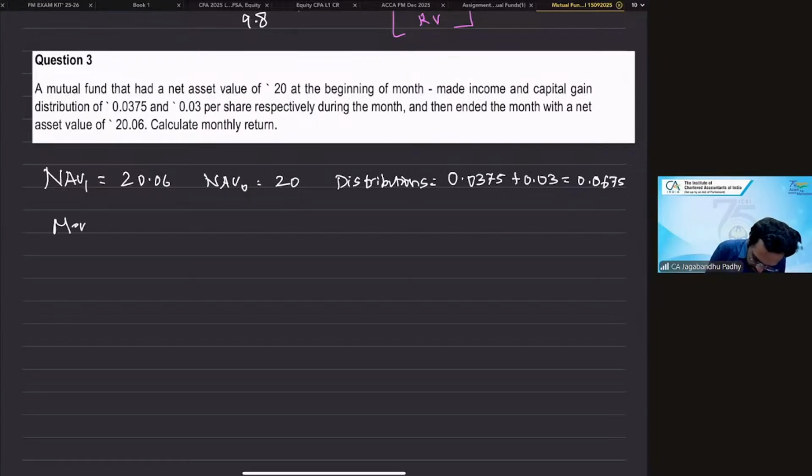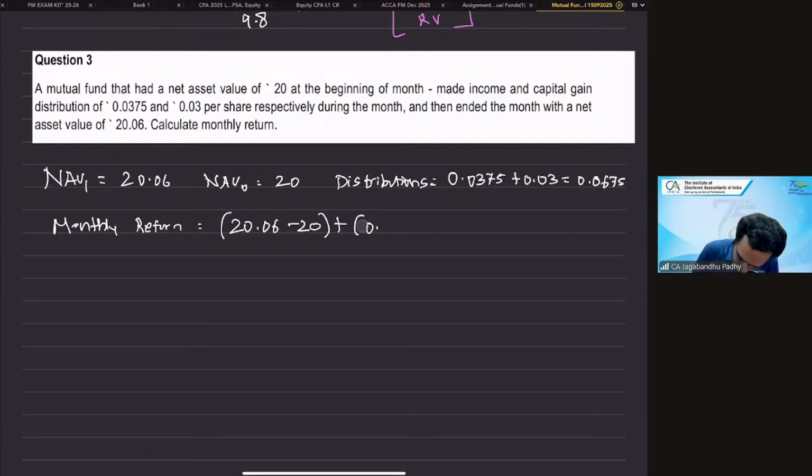So what is the monthly return? It's quite obvious. Monthly return is 20.06 minus 20, because it's the capital gain which we have, plus you also have this 0.0675 as the distributions, on your initial investment of 20.